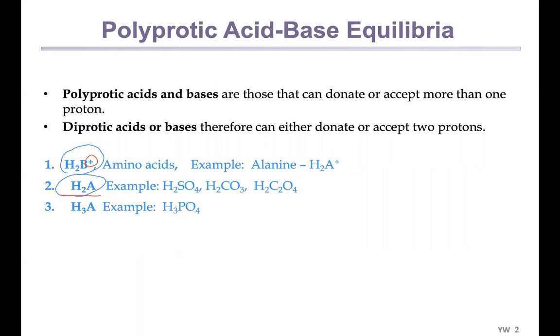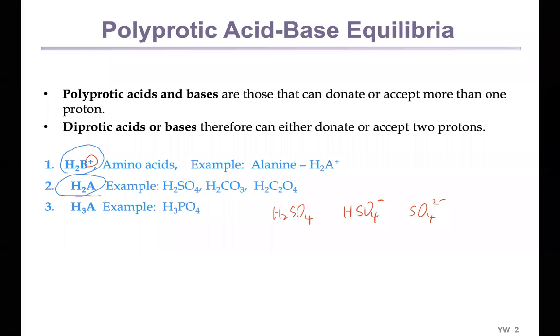So for example, H2SO4 has HSO4- and SO4 2-, right? Well, for amino acid, H2B+, if you donate 1 proton, it will be HB. And you can see that in this case, HB is the neutral form. Well, the other one is not.